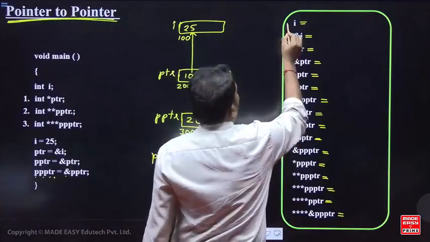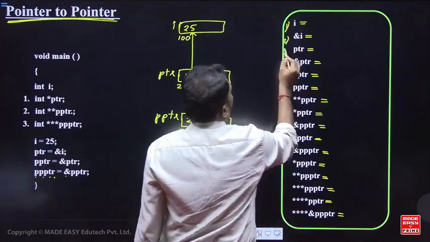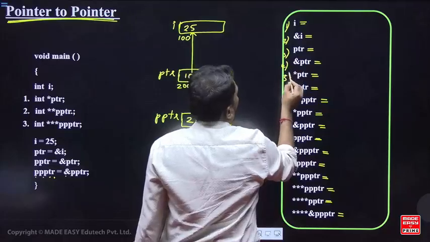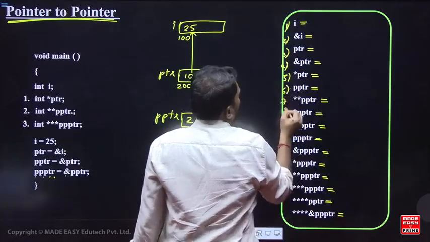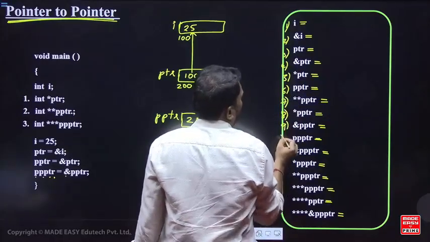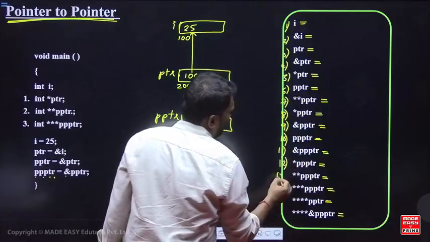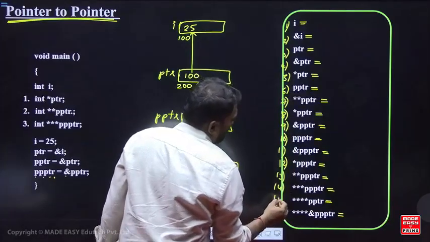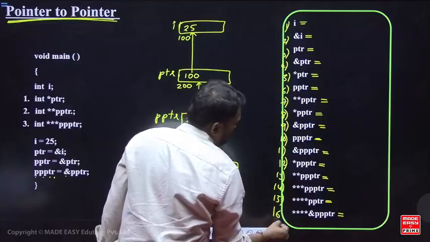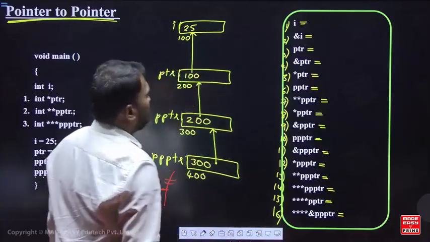I just give the numbering 1, 2, 3, 4, 5, 6, 7, 8, 9, 10, 11, 12, 13, 14, 15, 16.